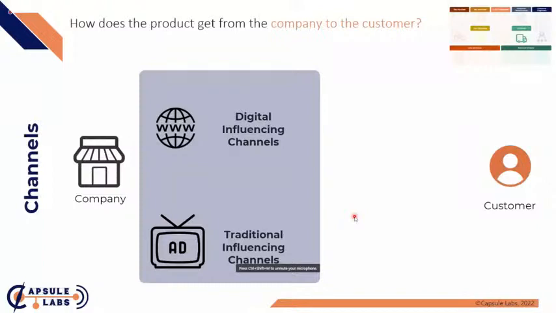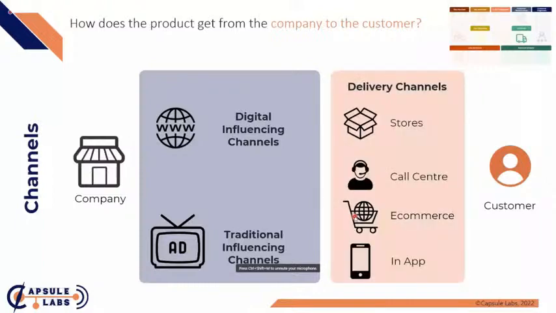Chances are you will go online, you will look up all the reviews about that particular mobile phone, you will get to understand its specifications. So your choice to buy that mobile phone or not has already been made before you even step into a shop, right? You might go into a shop as a matter of formality, as the point to pick up from, right? So that's your delivery channel from where you are picking up the product. But your decision to buy that phone has been made prior to that.